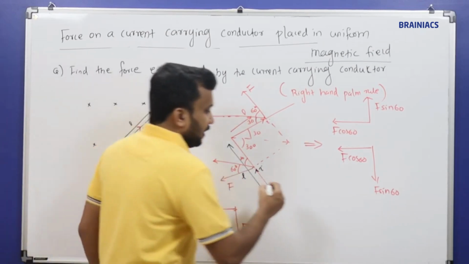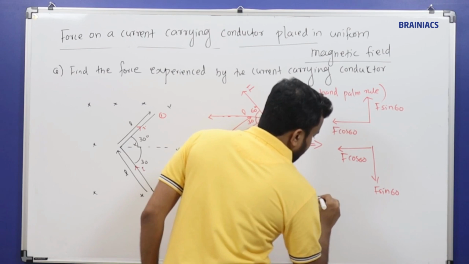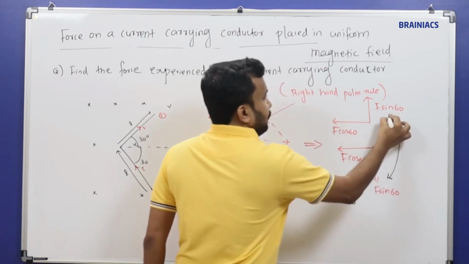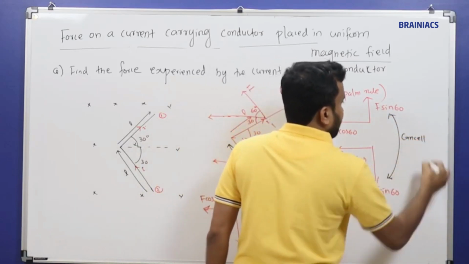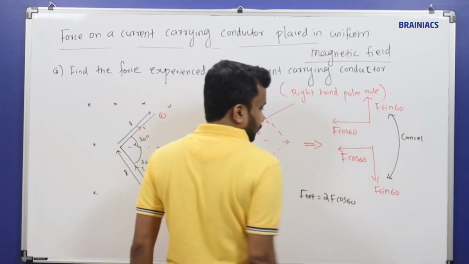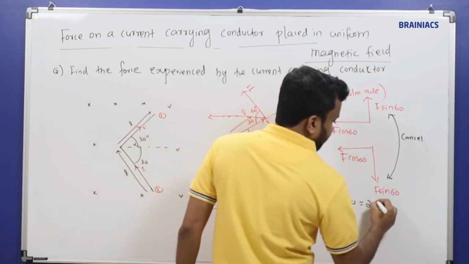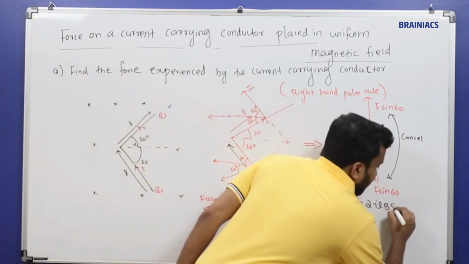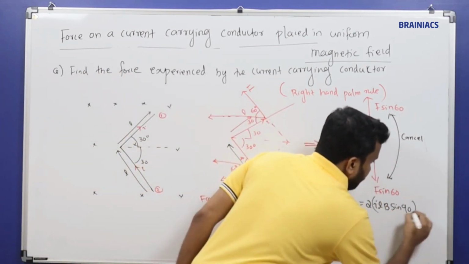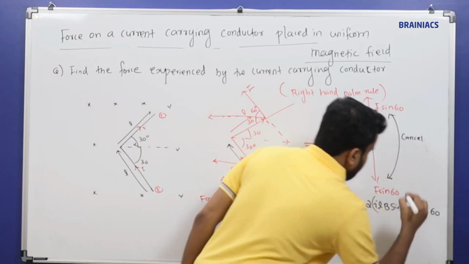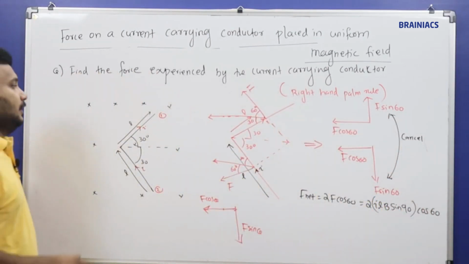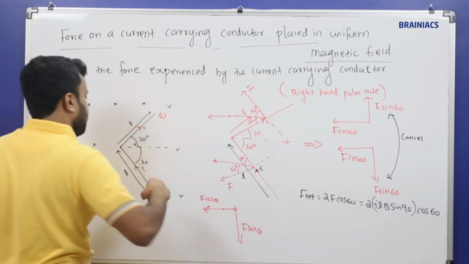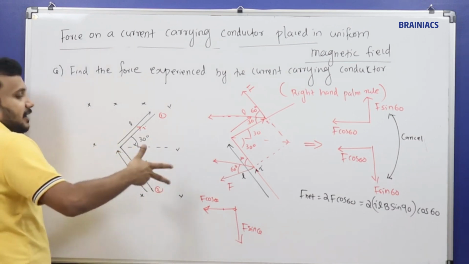So the total force, F net, will be equal to 2F cos 60. This with this will cancel. This with this one will cancel each other. So what is F? F means ILB sin 90 into cos 60. The angle is between L cross B. L is in this direction, magnetic fields are inside, so the angle between L and B is 90.